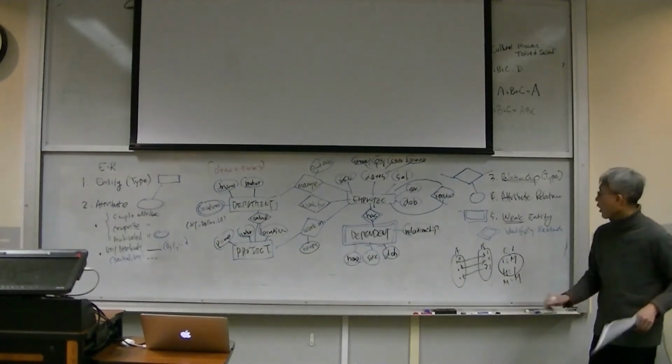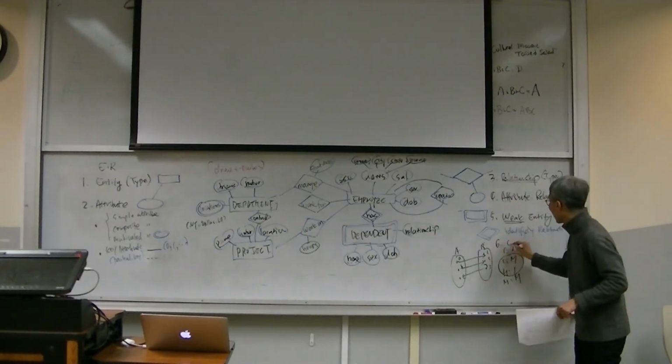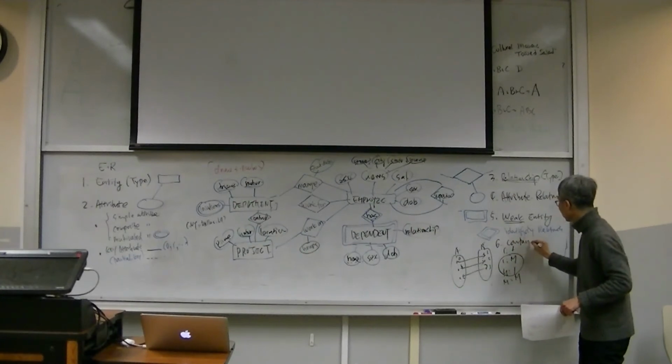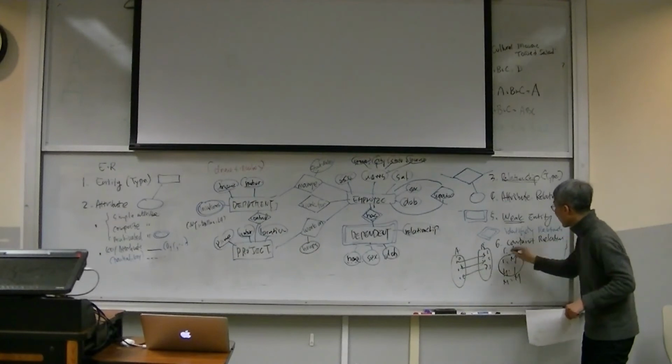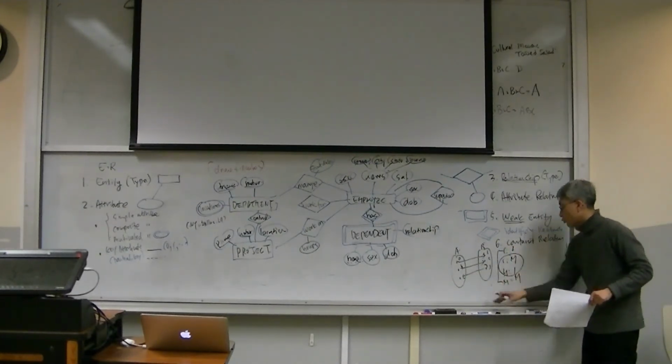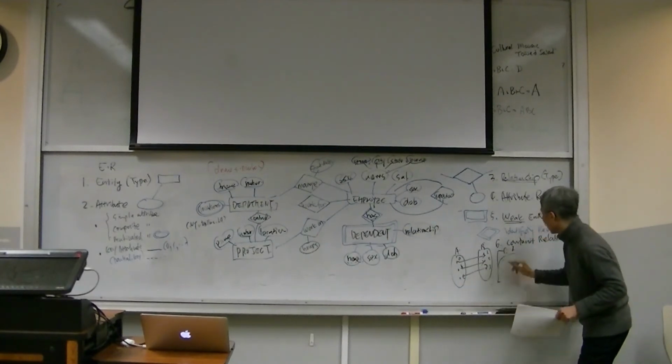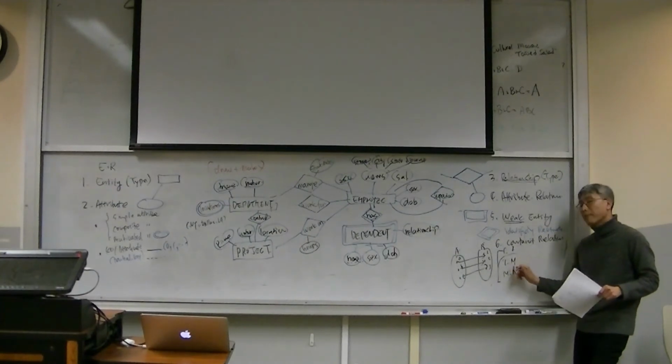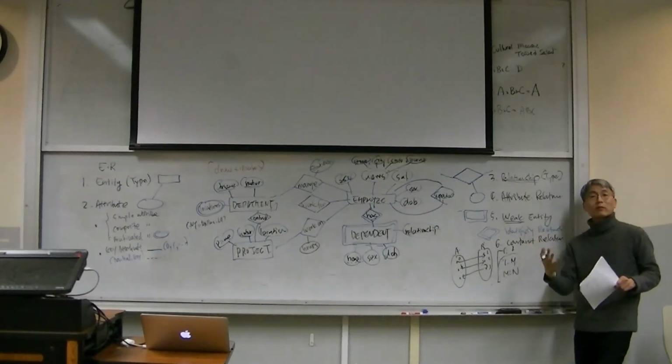That is the constraint. The next one is a constraint relationship. Constraint relationship means first decide one-to-one, one-to-many, or many-to-many. So we can use M or N to represent the many side.